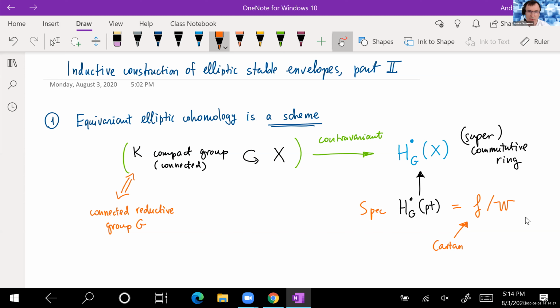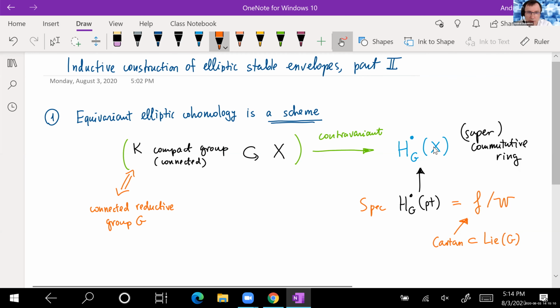So that's just the Lie algebra, this is the Cartan subalgebra in the Lie algebra of G. If I take the spectrum of this ring, this will be some scheme or super scheme. We will be mainly interested in the situation when all the homology is even, so it's an ordinary commutative ring, and finite.